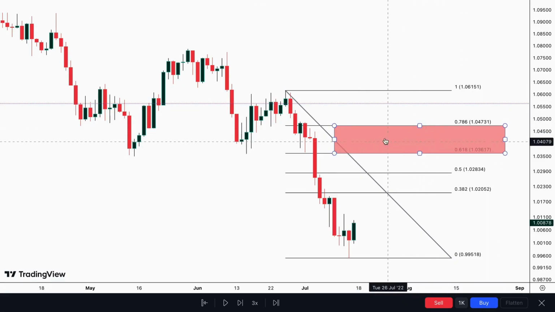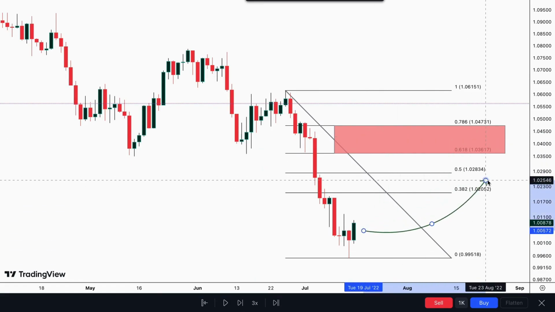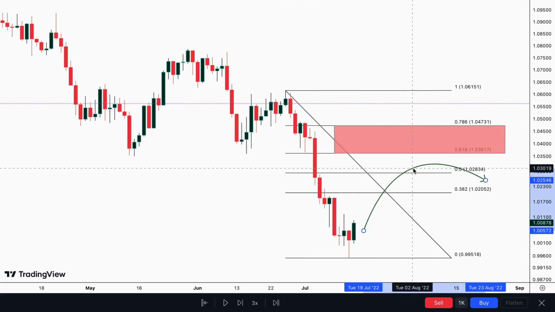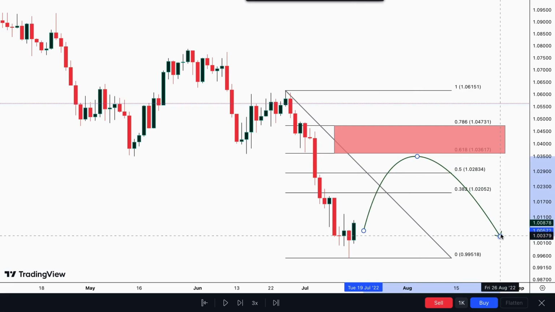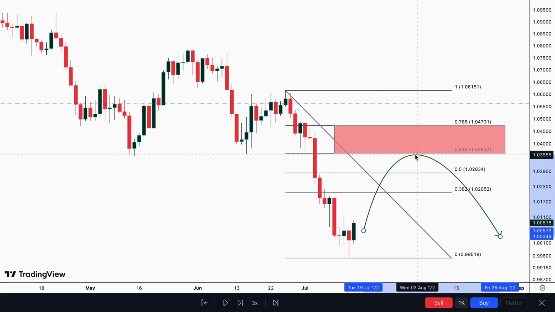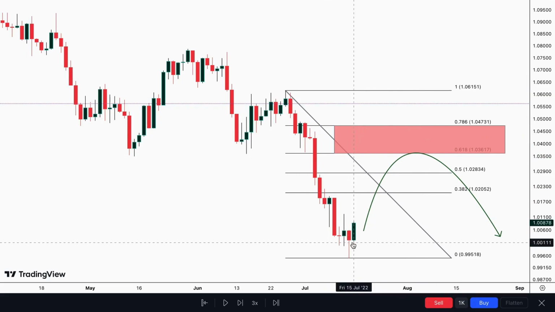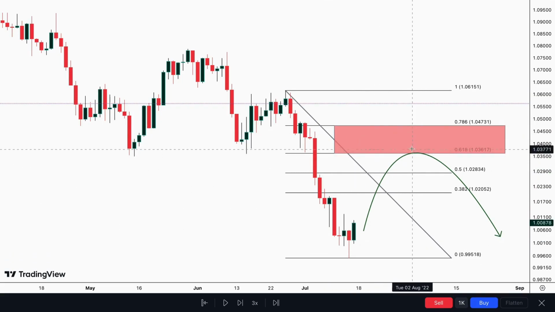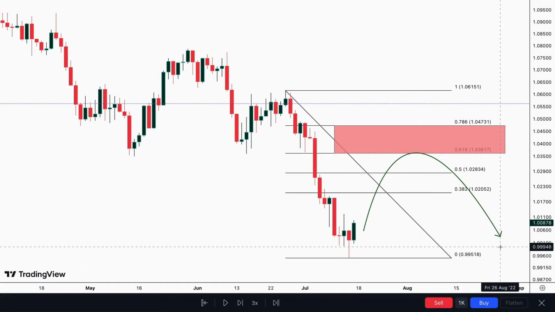The area covered with this rectangle marks the point where the market may reverse. Let me show you guys by using this arrow. My thought is that this retracement will start from here and just hit this level before continuing with the real trend.